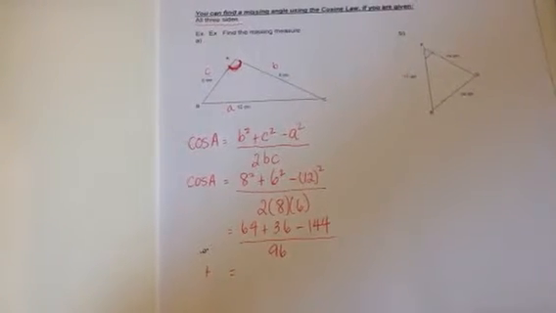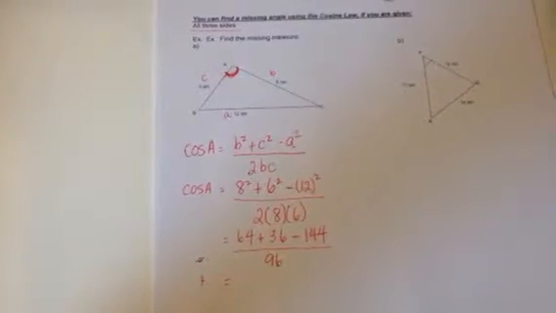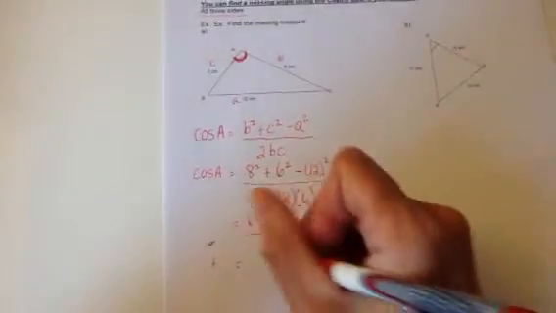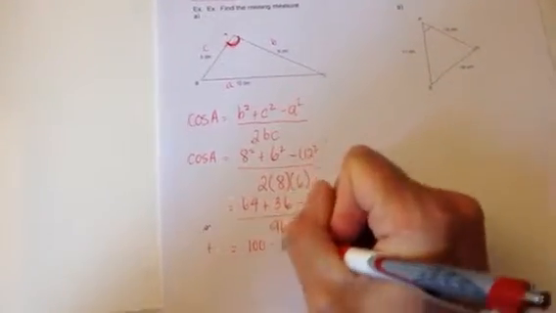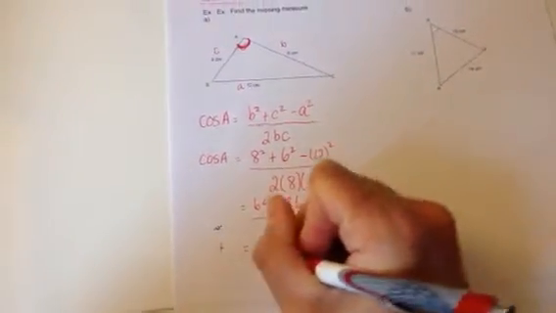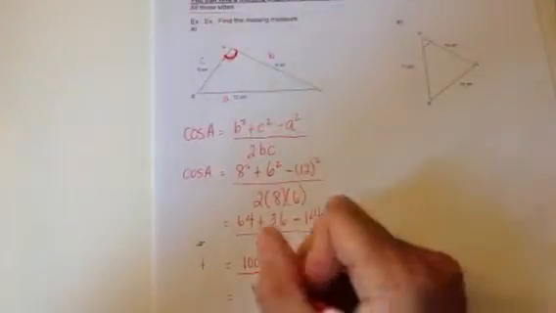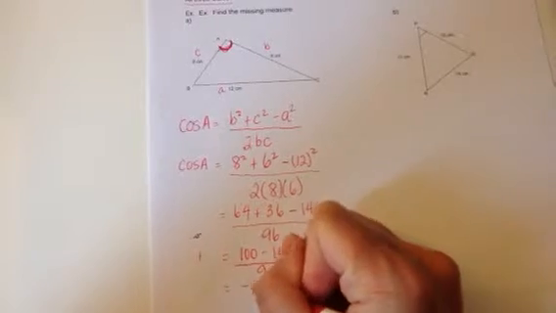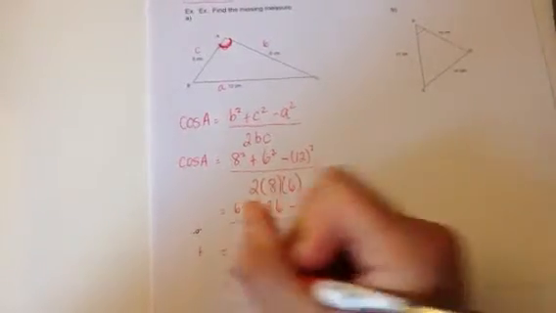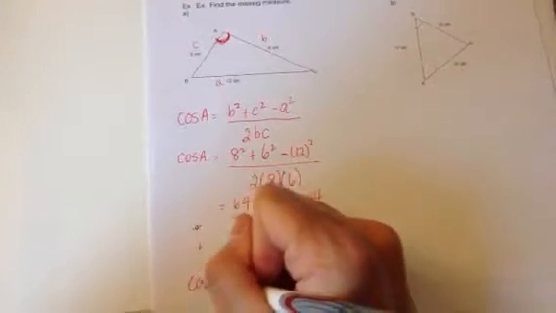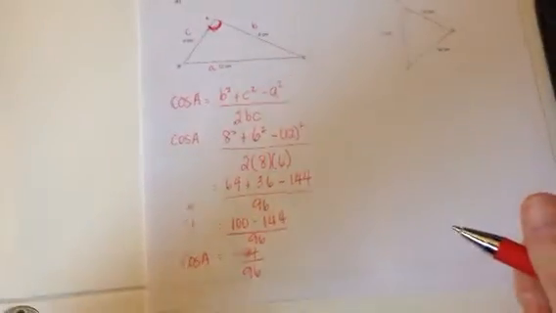So 64 plus 36 is our 100 minus our 144 over 96. So it's going to be minus 44 over 96. And this is what cos A is equal to.